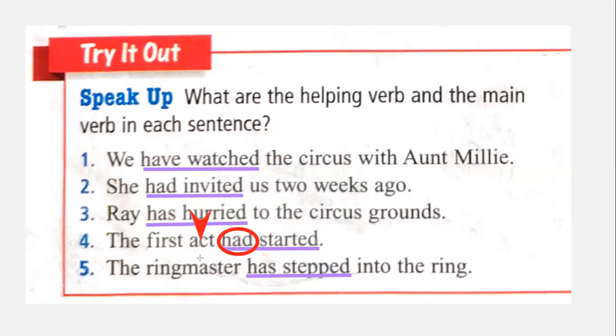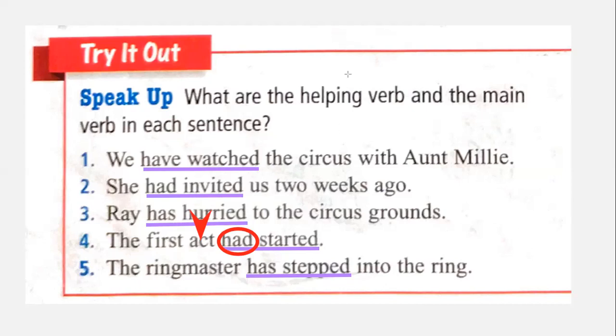So this is your subject, act. An act, we're just talking about one, and we're using the helping verb had, which is correct because had you can use with a singular subject or a plural subject. This is a friendly helping verb. Remember, it doesn't really matter if it's a singular subject or a plural subject. You can use it to help the past tense.